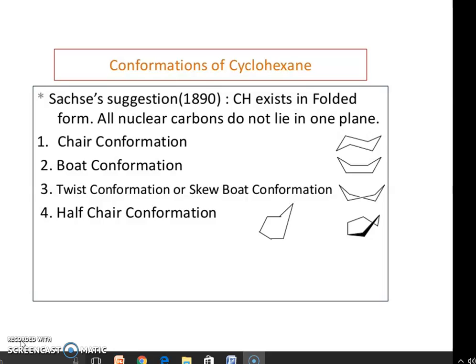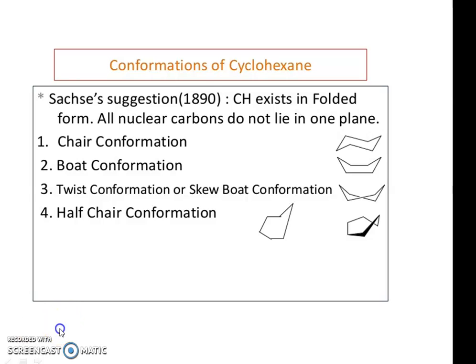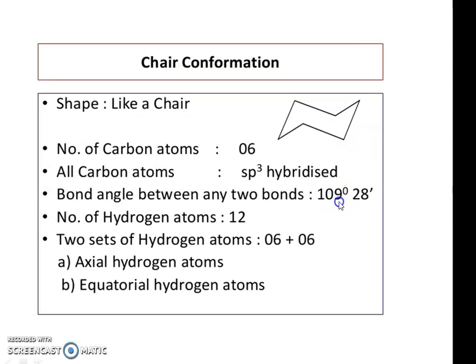According to Sachse, there are four different conformations which are common for cyclohexane: chair, boat, twist or skew boat, and half chair. So this is how we can represent all these conformations.